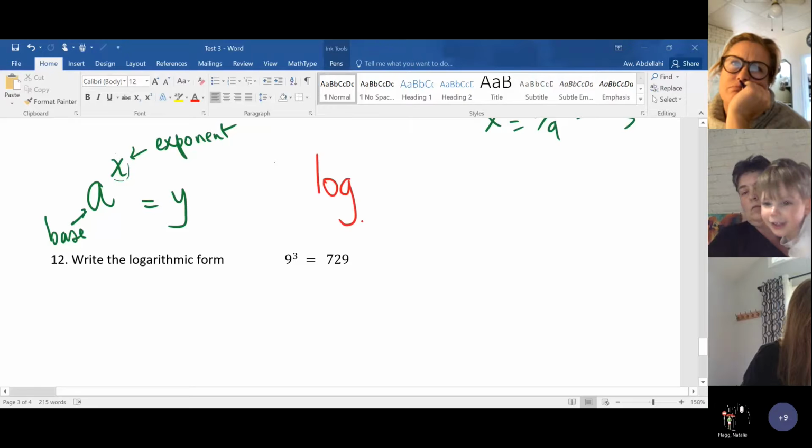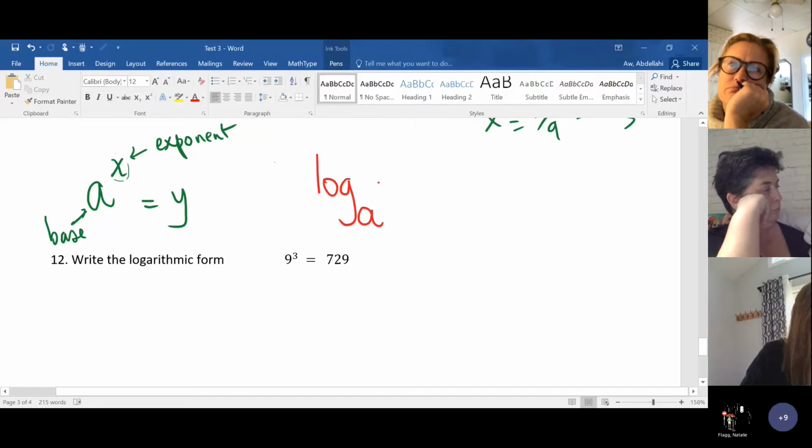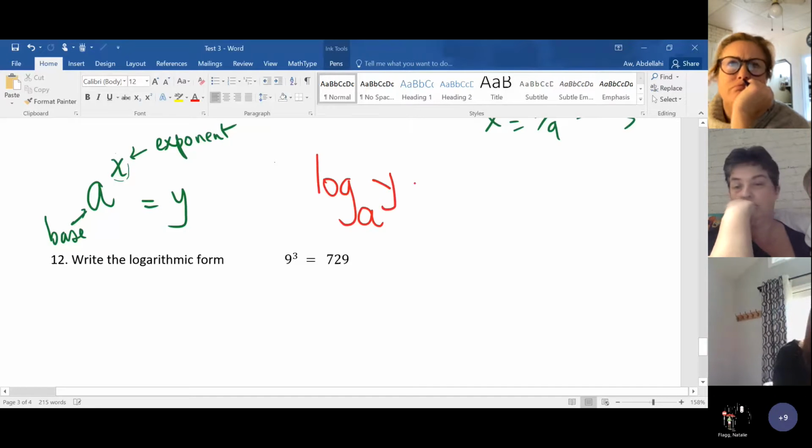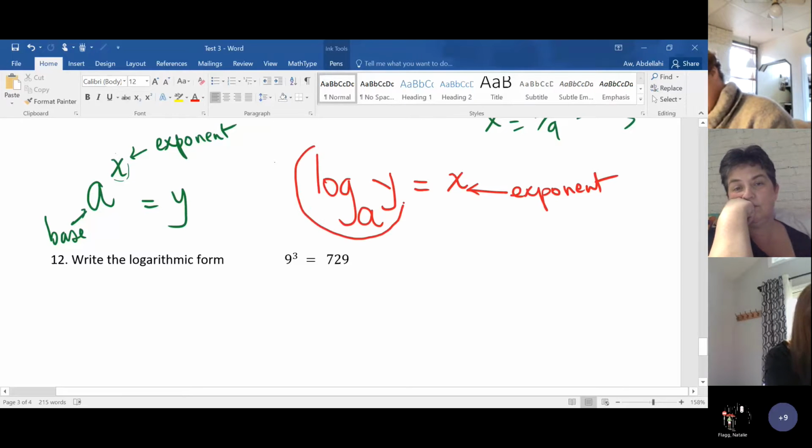Log base A of y is equal to x. What was an input here becomes an output, and what was output becomes input. Remember, this x was the exponent. So log is another way to express your exponent.